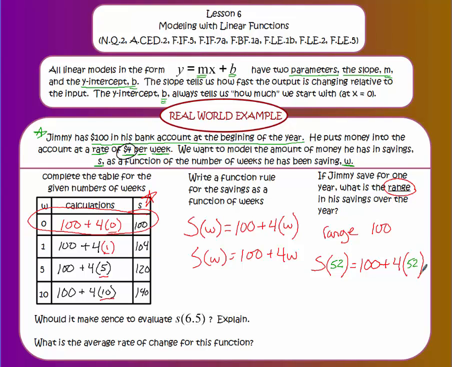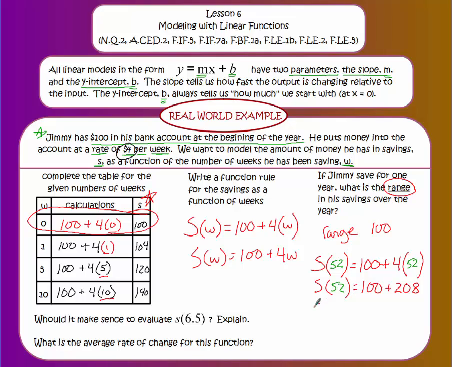All right, so S of 52, remember, that's how you say that. S of 52 is going to be 100 plus 4 times 52, which is 208.